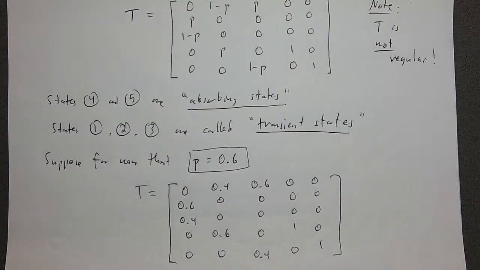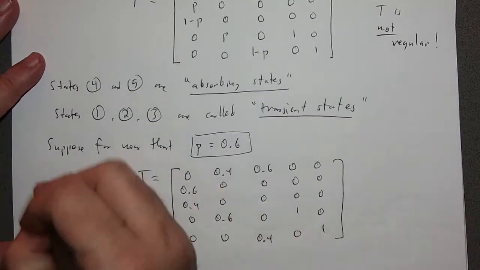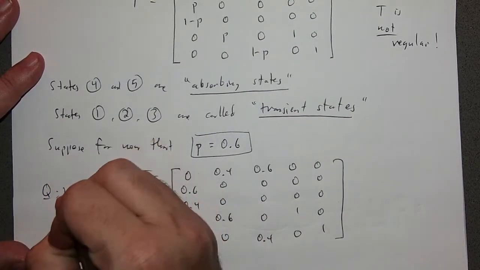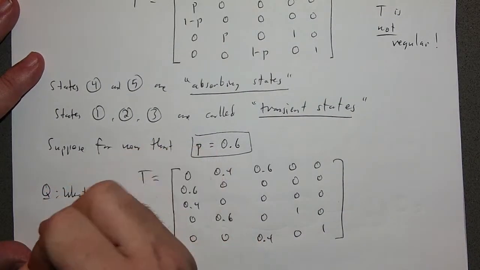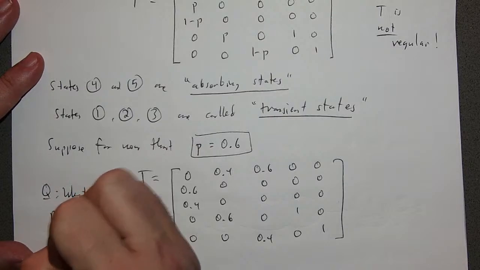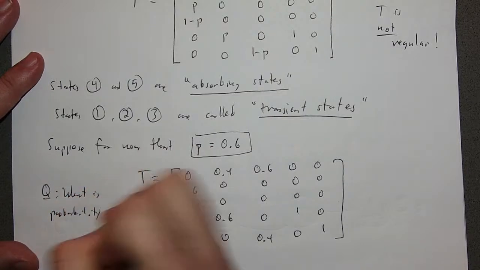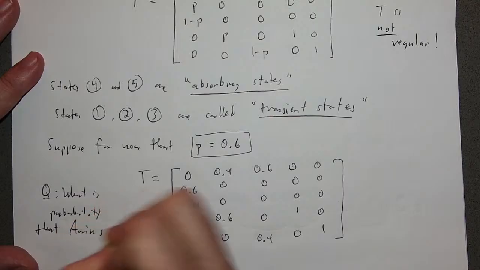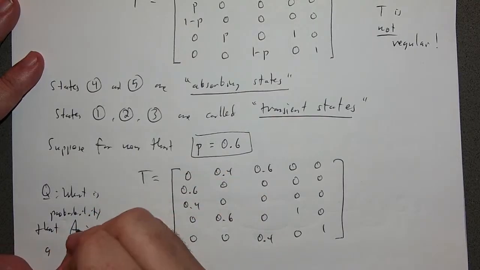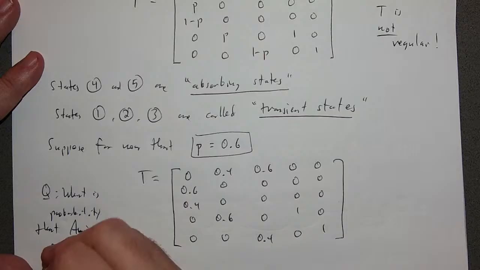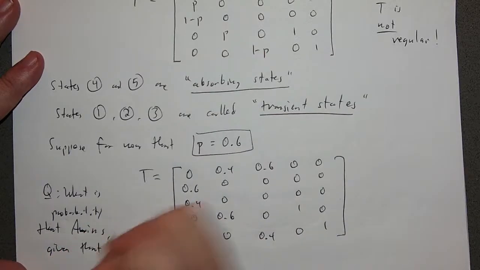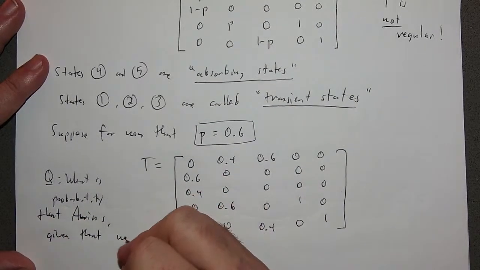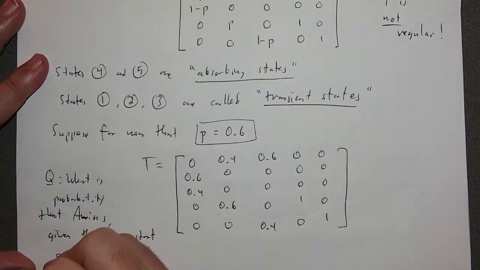And now the question that we have is, what is the probability that A wins, given that we start at deuce?